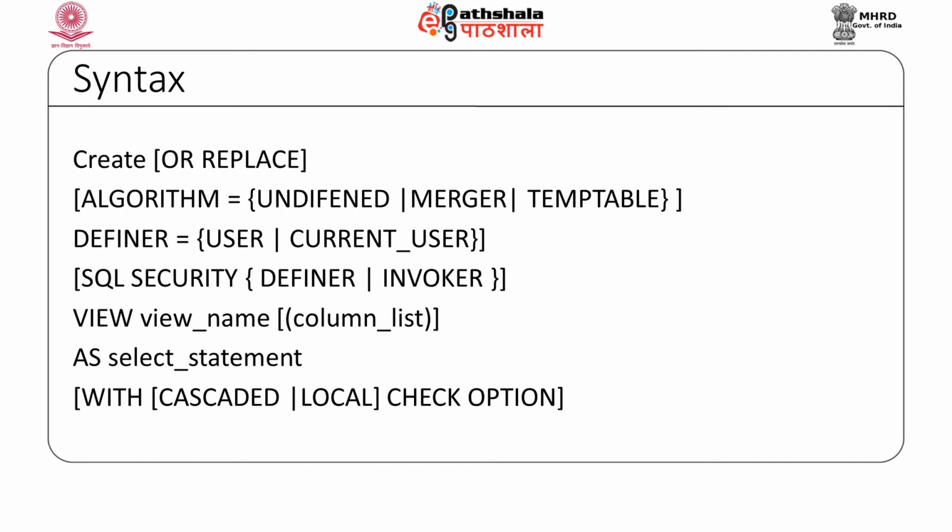There is also the with option, that is with cascaded, local or check option, that is cascaded or local. Cascaded means if you are creating a view on a particular table, that table might have referential integrity constraints with multiple tables. So, say a student table exists, and the student table has the data of student personal details and student exam.